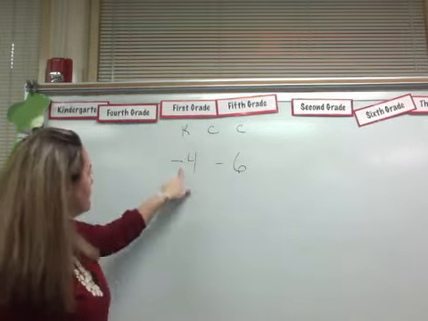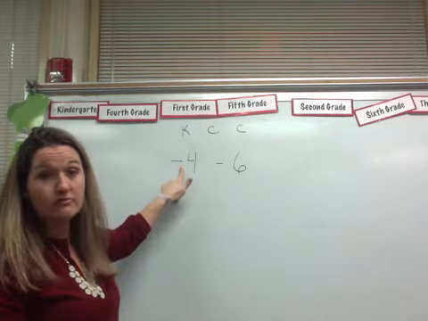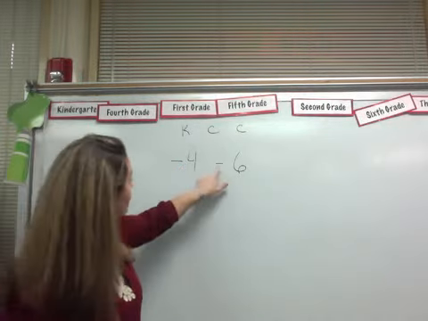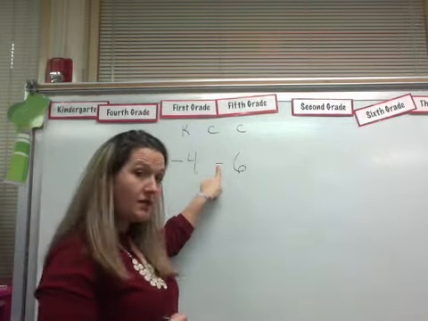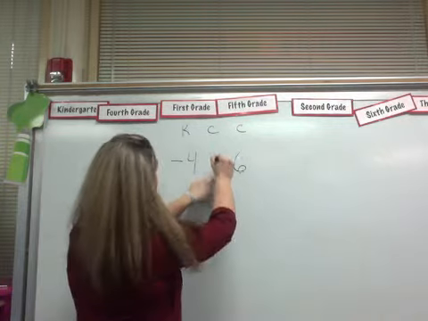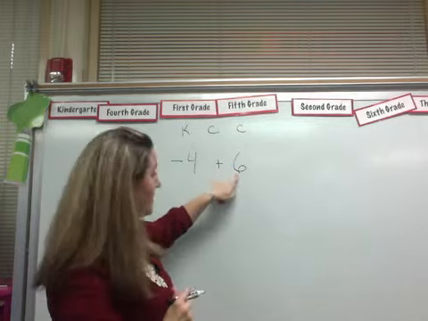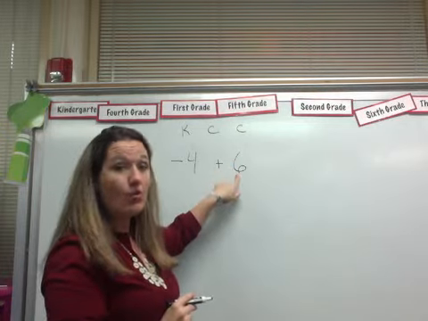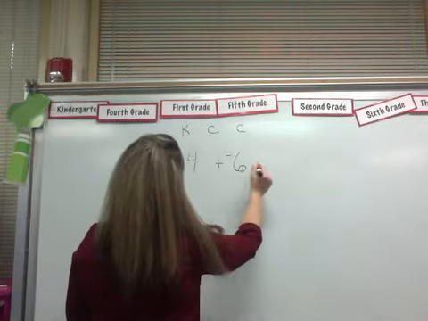Keep goes with the first number, so negative 4, we're going to keep it at negative 4. The next thing, minus, we're going to change the minus to a plus. And then the next thing, positive 6, we're going to change to a negative 6.